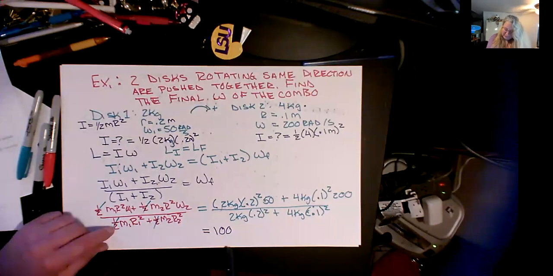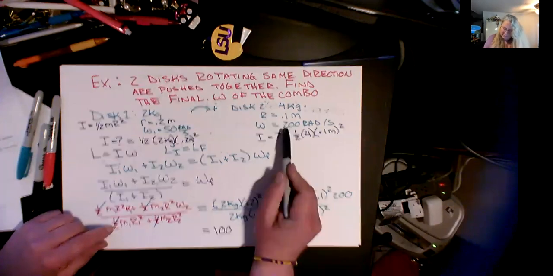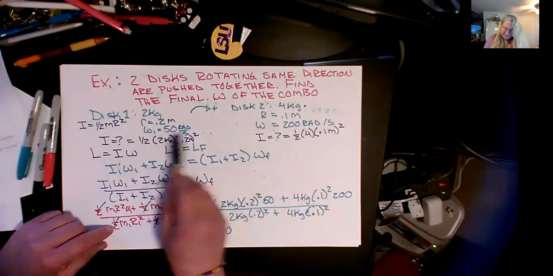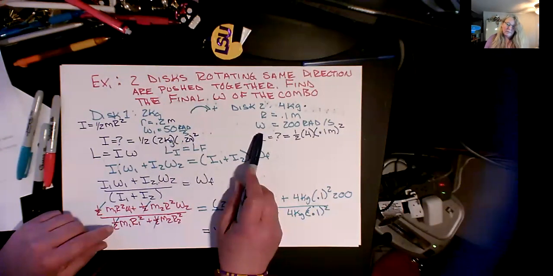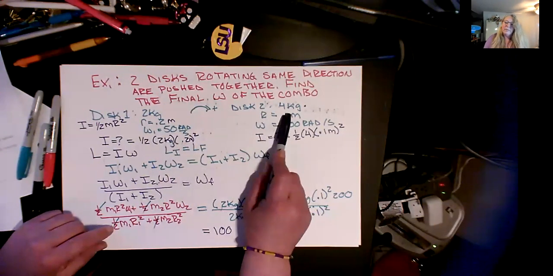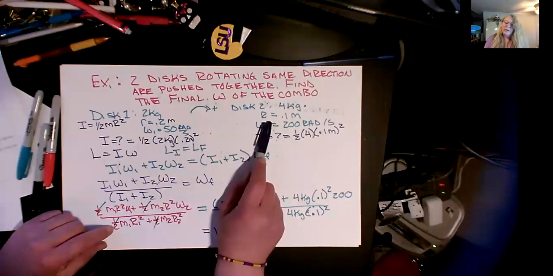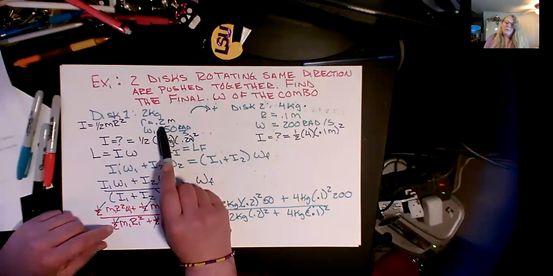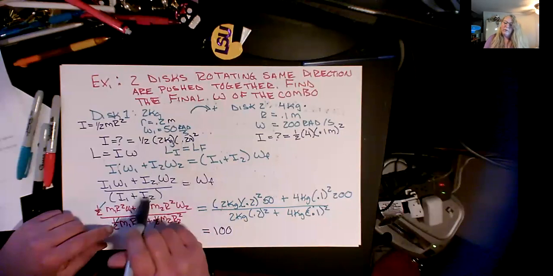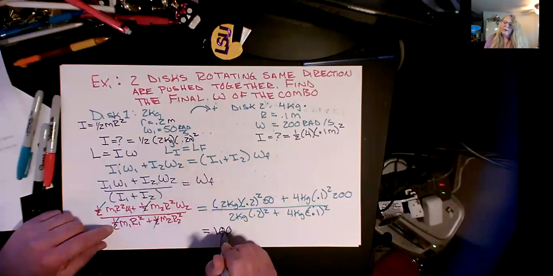We can see that this slowed down. We kind of split the difference between these two. This is the bigger mass and the smaller radius, and this one is moving slower. So it feels good there.